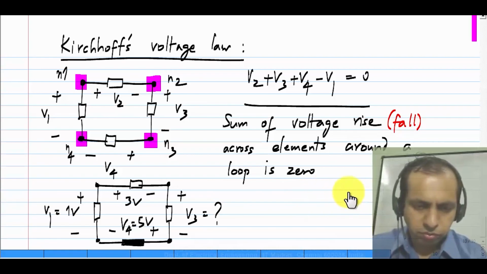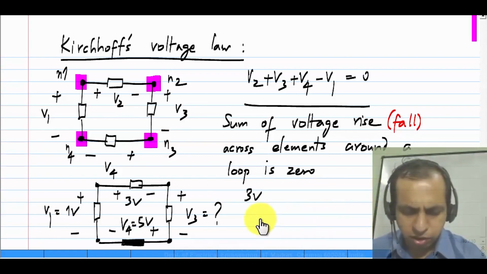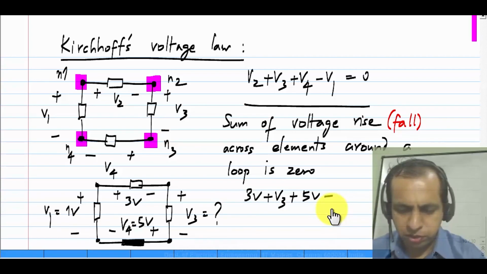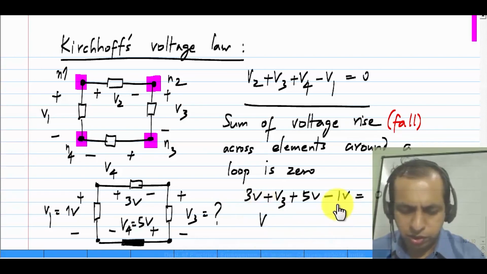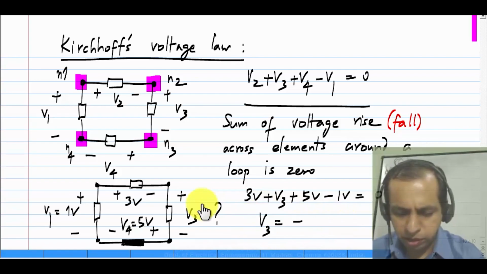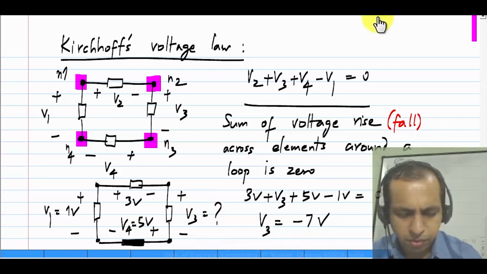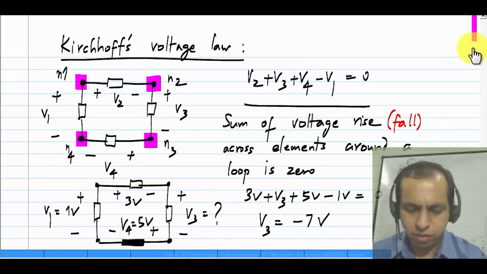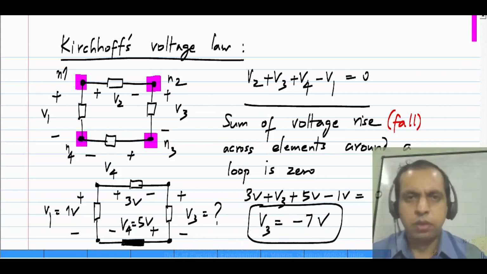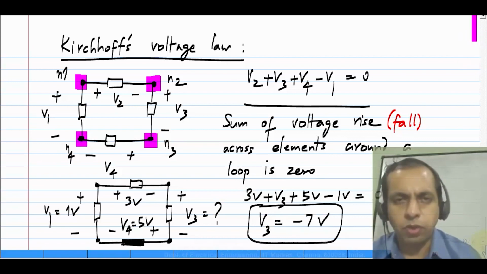So, that means that 3 volts plus V3 plus 5 volts, which is V4, minus 1 volt, which is V1, equal to 0, and this tells you that V3 is minus 7 volts. So, you can calculate an unknown voltage.